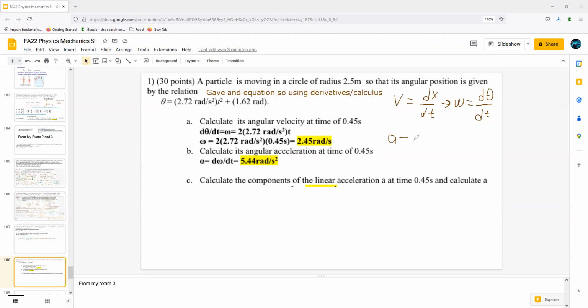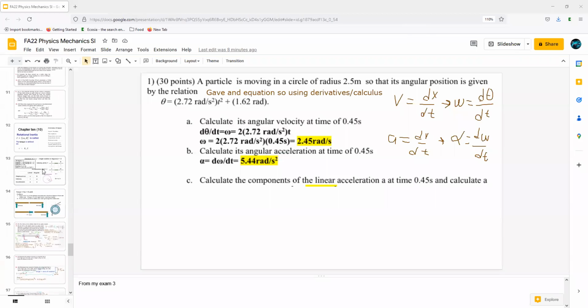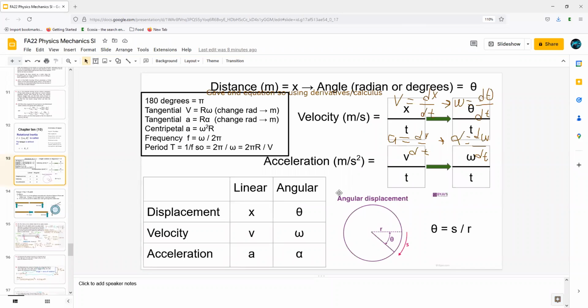And similarly, a is equal to dv over dt, and that becomes alpha is equal to d omega over dt. And remember, I did a little chart up here in chapter 10 that displacement x becomes theta, v becomes omega, a becomes alpha. And then we also have some of these equations here. So we're actually going to steal one. I think we're going to need a few of them. I guess I'll come back when we know more about the problem.